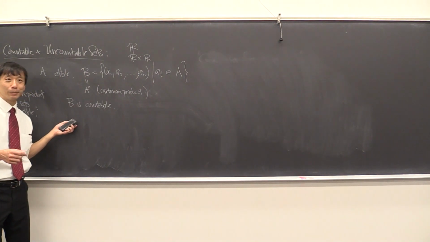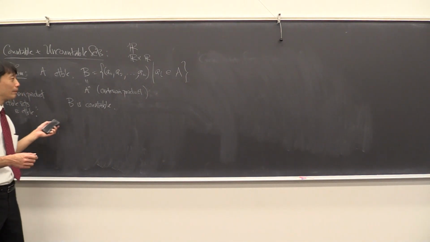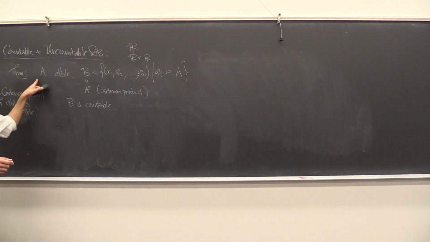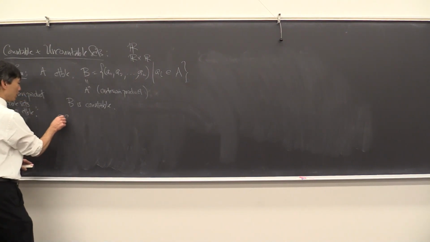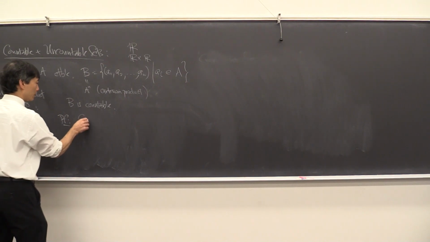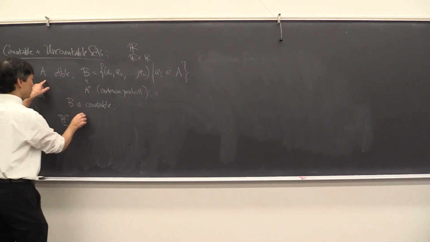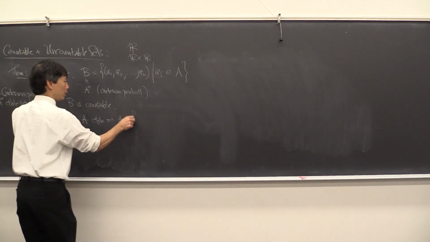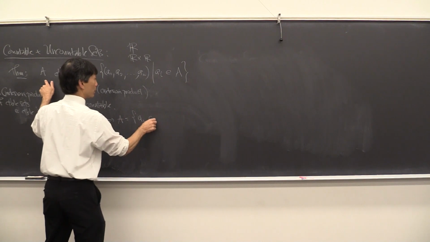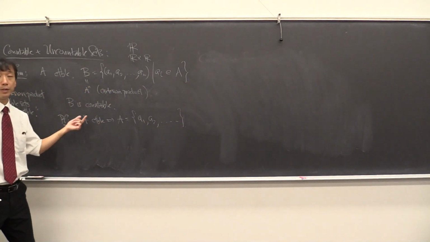Anybody know how to do this? Anybody remember how to do this? This one uses the previous theorem, actually. So the way you want to think about it is, A is countable, which means that A can be written as a sequence, right? We can express A as a sequence.